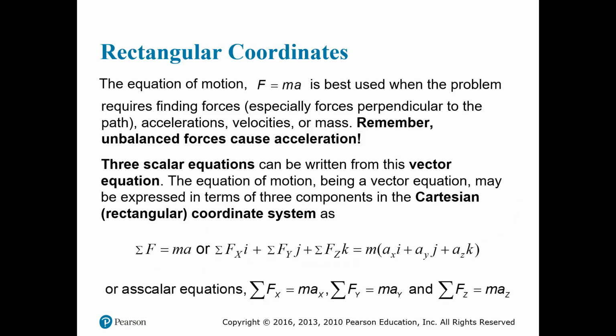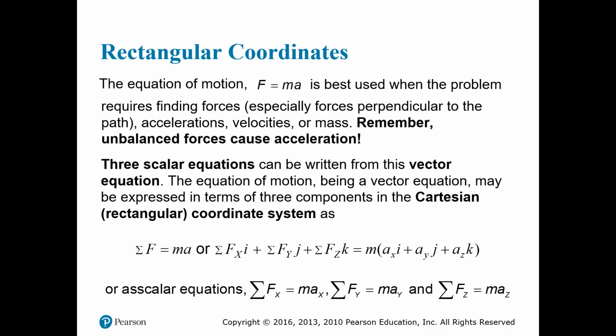So now we're moving into rectangular coordinates, and like I said, very similar to what we had in the past. The equation of motion, forces equals ma, is used when the problem requires finding forces, especially forces perpendicular to the path, accelerations, velocities, or mass. Remember that unbalanced forces cause acceleration. We have said that too much. Three scalar equations can be written from this vector equation.